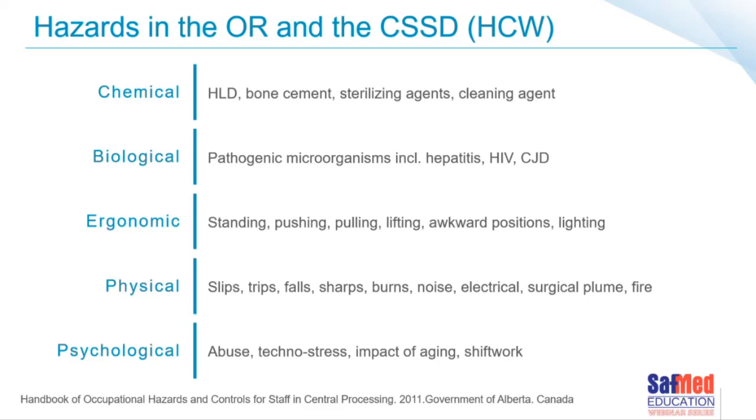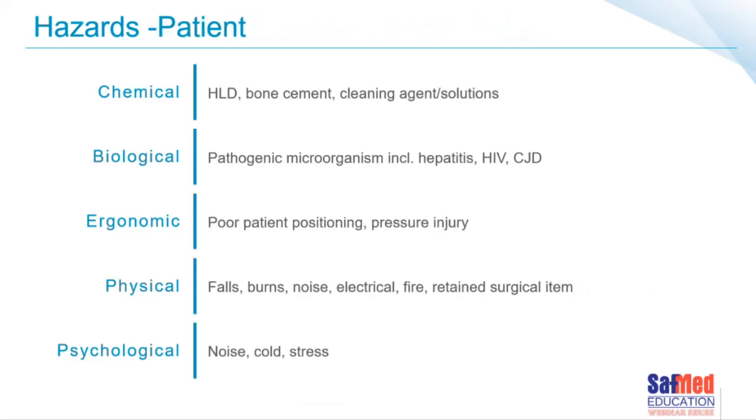Physical hazards will include slips, trips, falls, sharps, burns, noise maybe, electrical issues, surgical plume and fires. And there's psychological stresses, which can include abuse, techno stresses, impact of aging perhaps, and shift work. All of those very important to us in these environments.